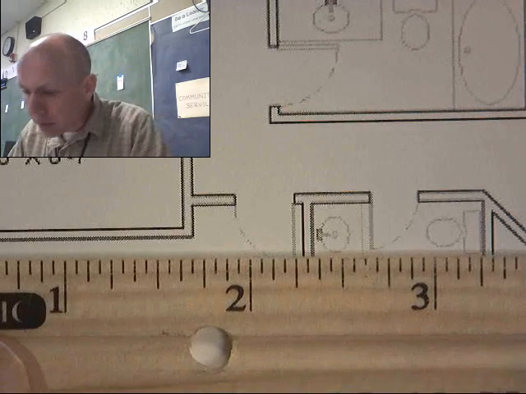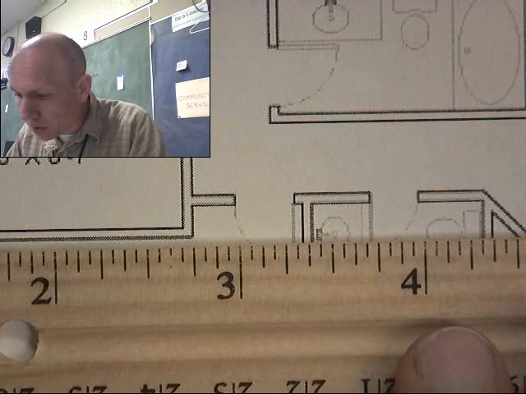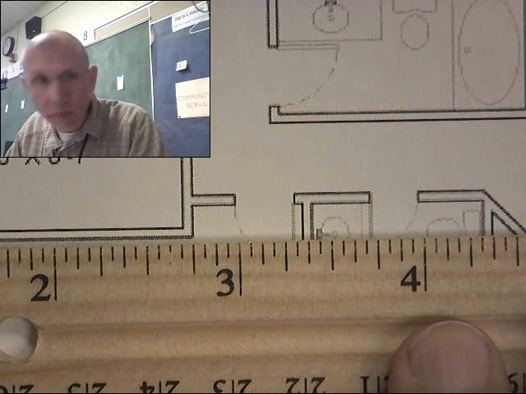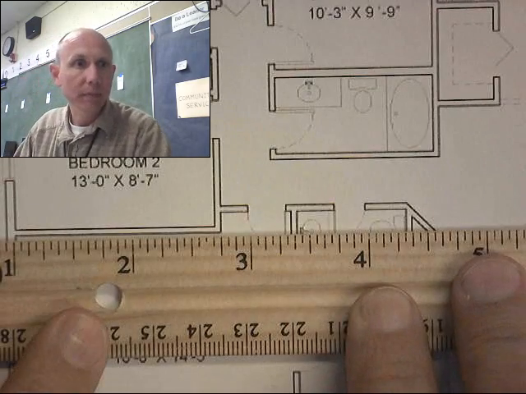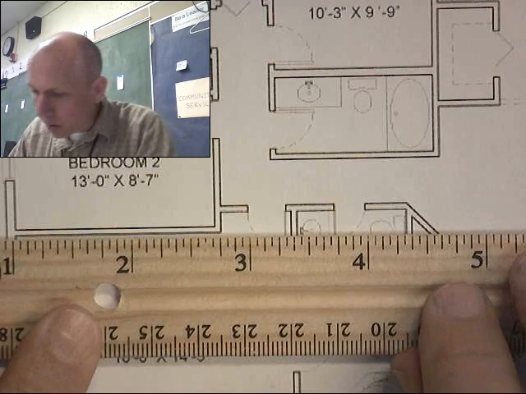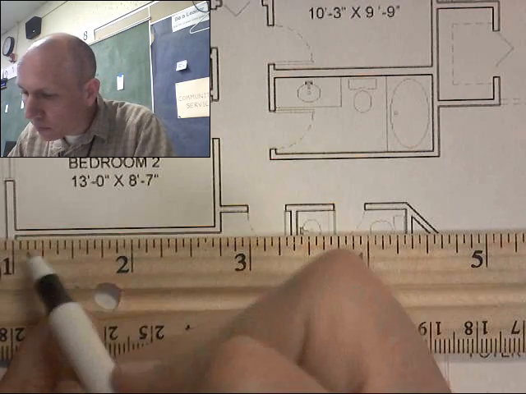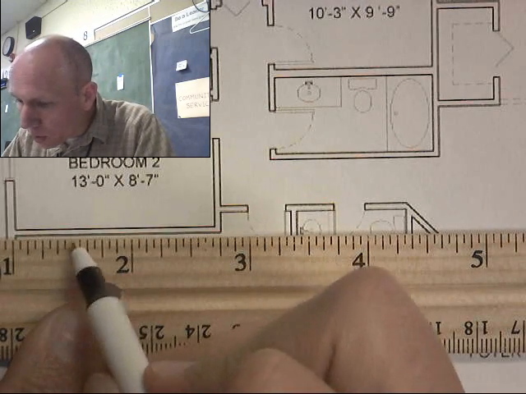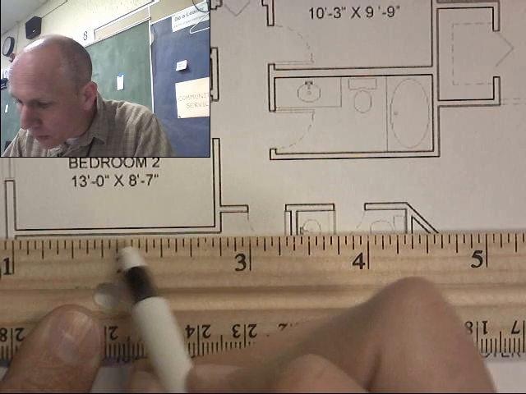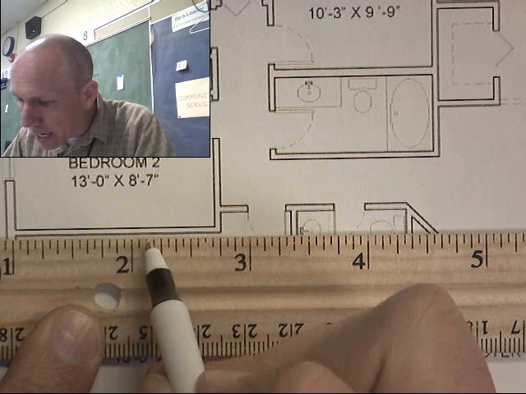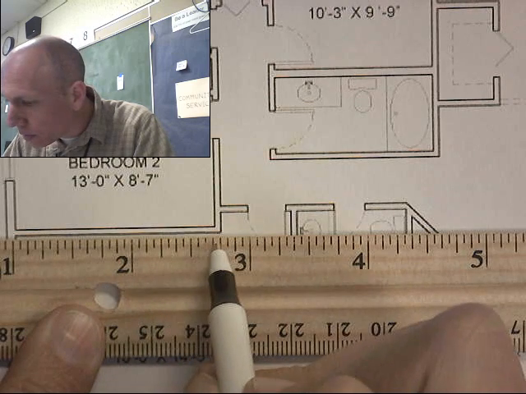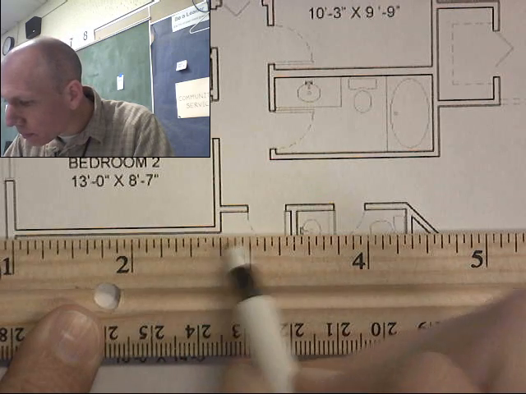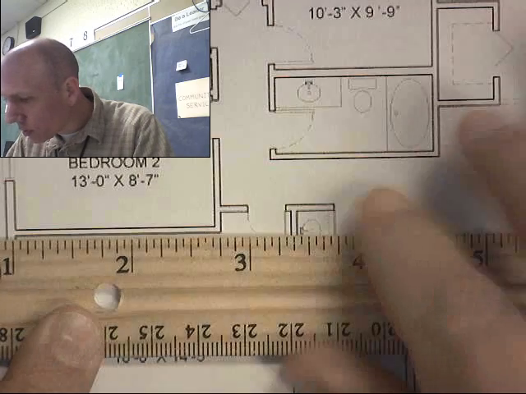So if I did this, this would be this wall. I don't know if this is going to work. We'll try it though. This wall right here. So every 1/8 of an inch represents a foot. So this would be 1, 2, 3, 4, 5, 6, 7, 8, 9, 10, 11, 12, 13.